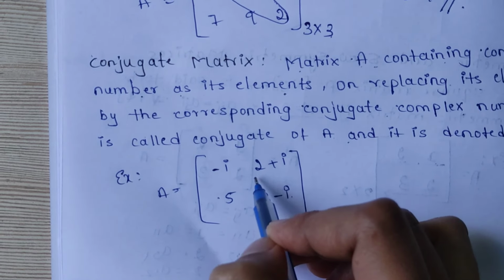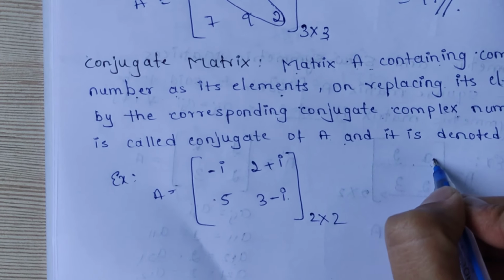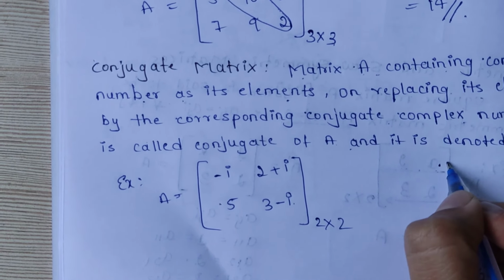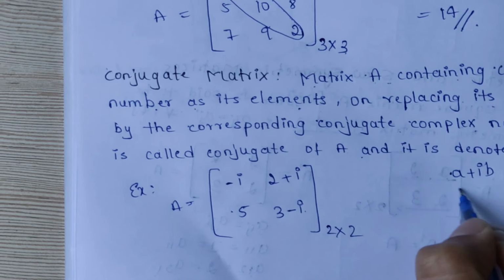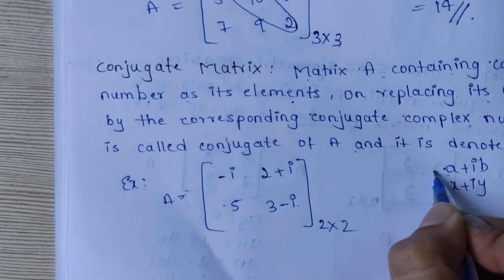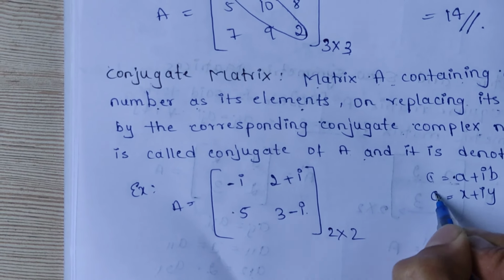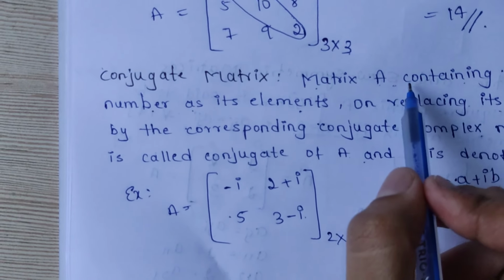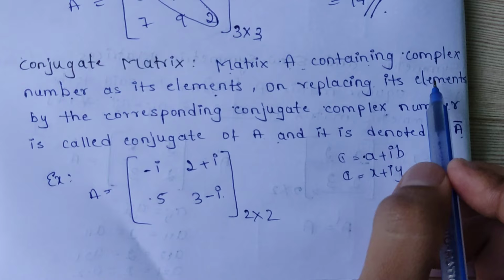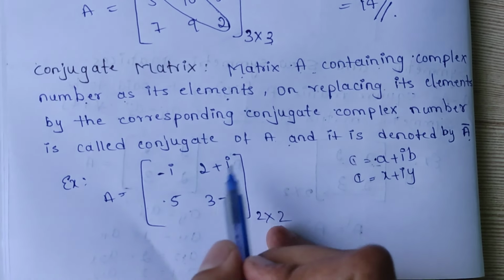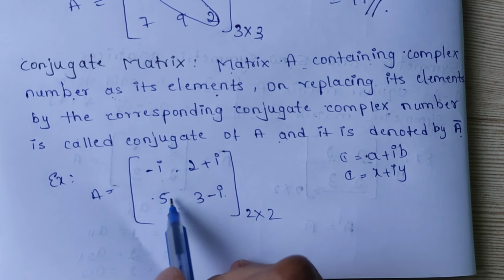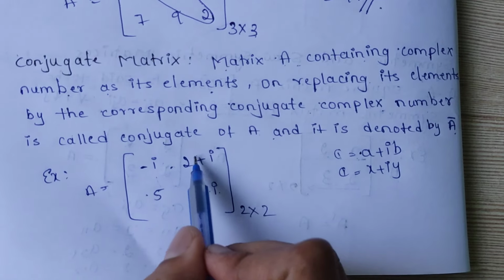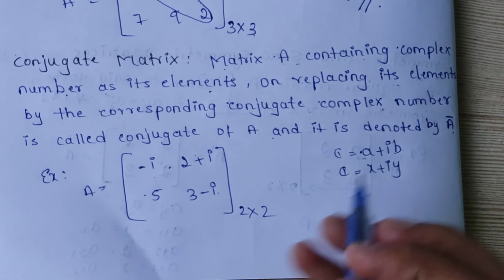We already know that complex numbers are denoted by A plus IB or X plus IY. So what they have said, a matrix A containing complex numbers as its elements. So this matrix is containing complex numbers as its elements.